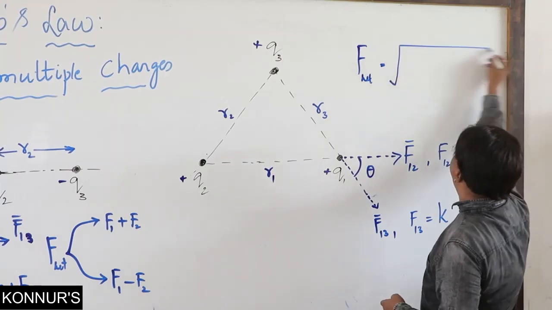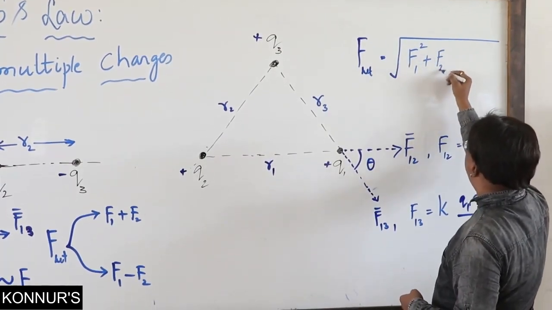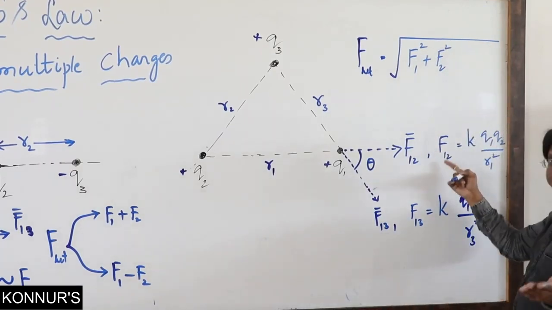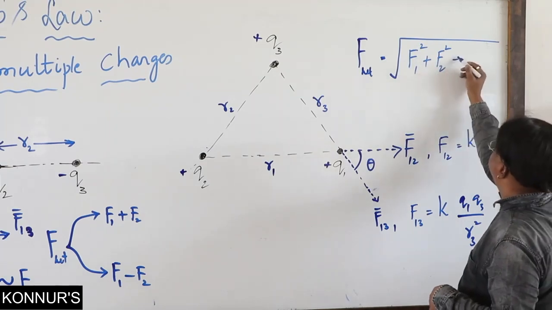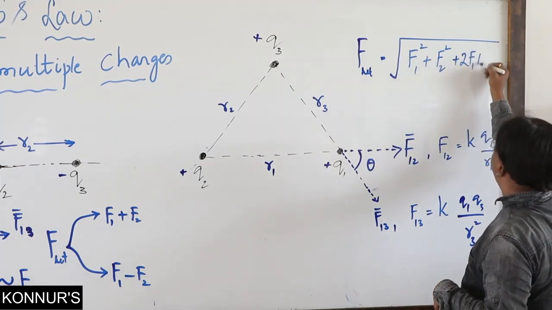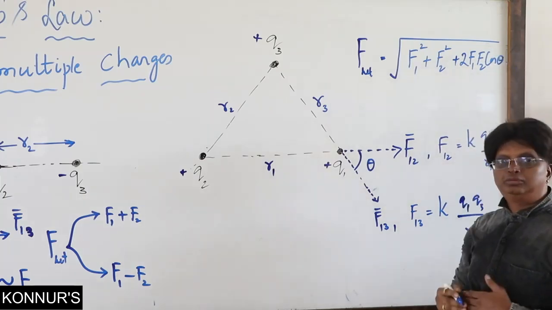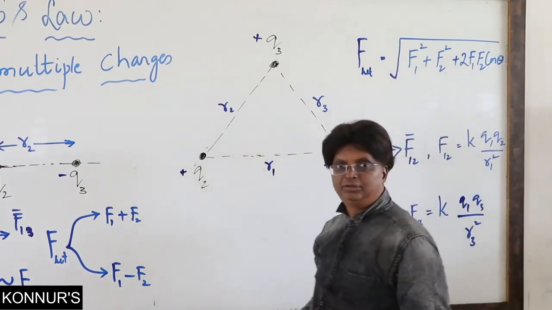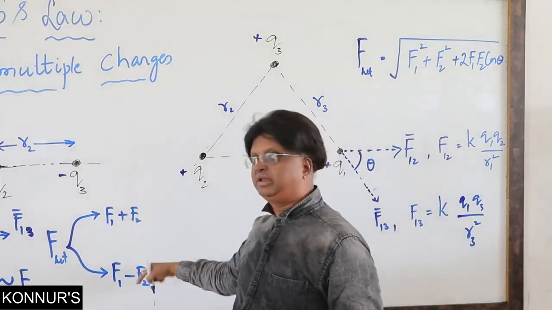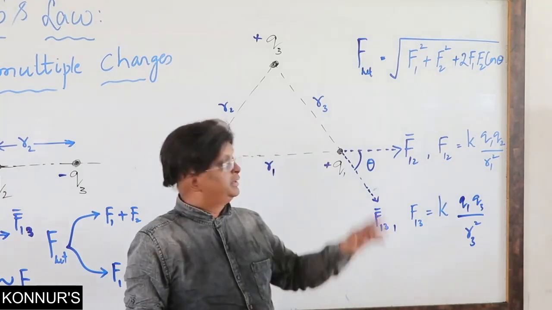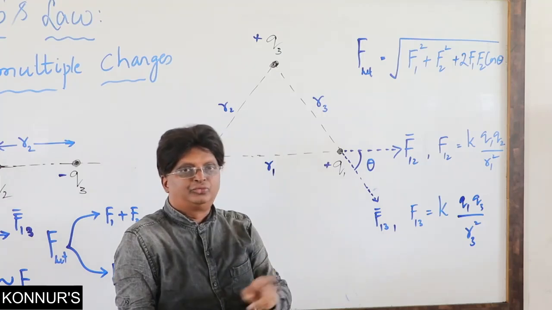Net force is the root of F12 squared plus F13 squared plus 2 F12 F13 cos theta, which will give you the result. For collinear, it is F1 plus F2 or F1 minus F2. For coplanar, we will make use of this equation, writing the individual forces.